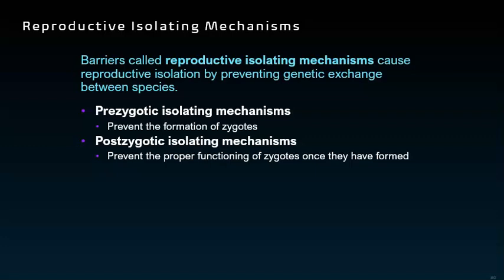So we discussed how there are prezygotic isolating mechanisms and postzygotic isolating mechanisms. Prezygotic just means before the zygote can even be formed, when the sperm and egg fuse together, these are the mechanisms that are preventing it from happening. Postzygotic isolating mechanisms are happening after the zygote has been formed. So still the genes that are being passed on are being isolated, but it's after the production of a zygote where the sperm and egg have fused together.